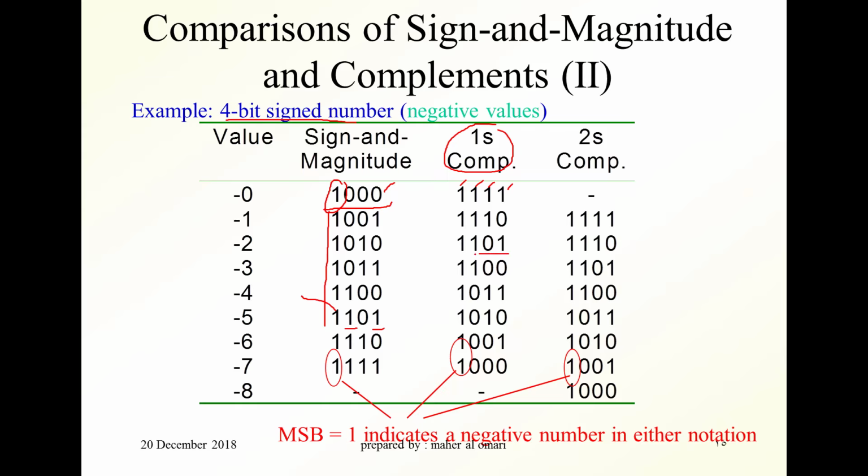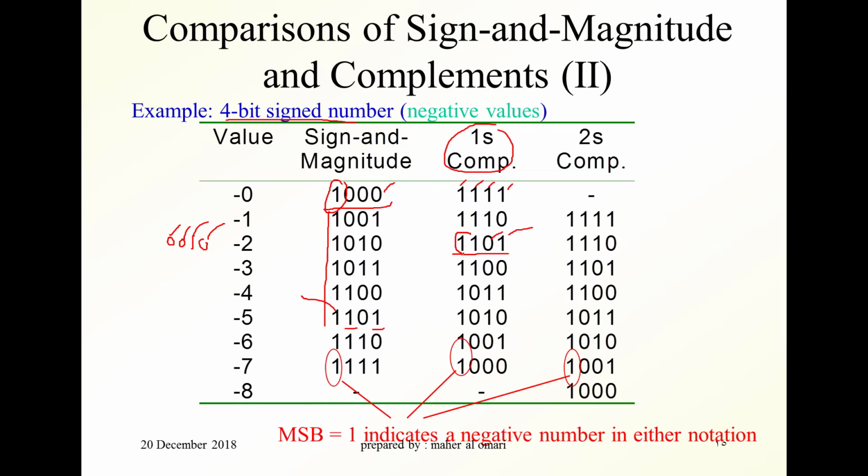This is the number 0, 0, 1, 0 as a positive 2. The negative 2 is the complement of that, which is 1, 1, 0, 1. So this is a negative 2.